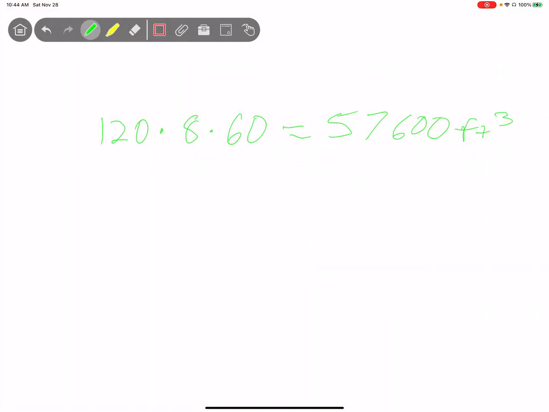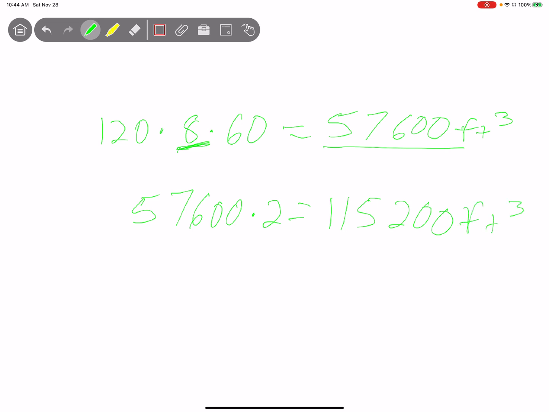I'm literally just multiplying this by 2, which means I'm multiplying this by 2. So the volume gets doubled, and I get 115,200 feet cubed.